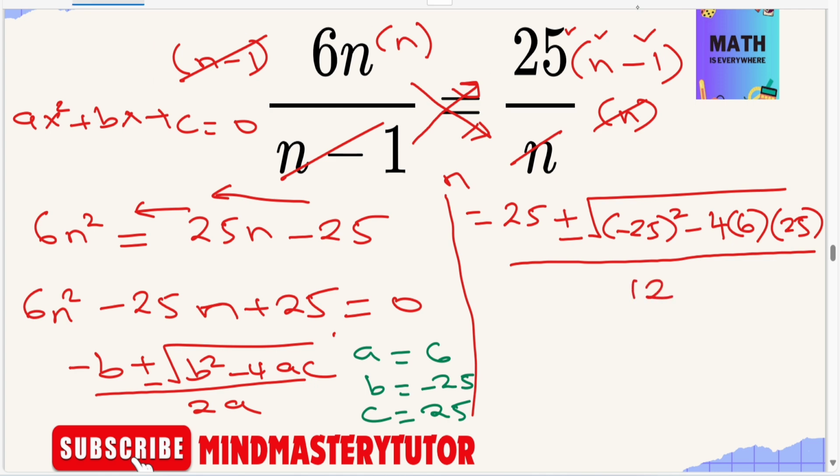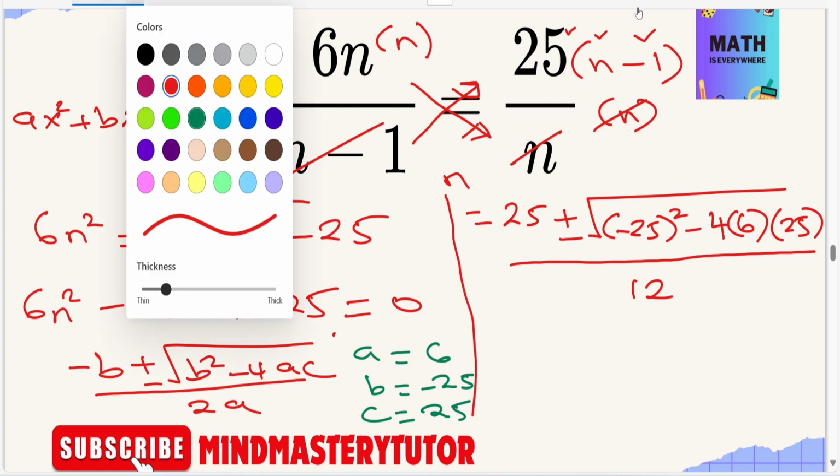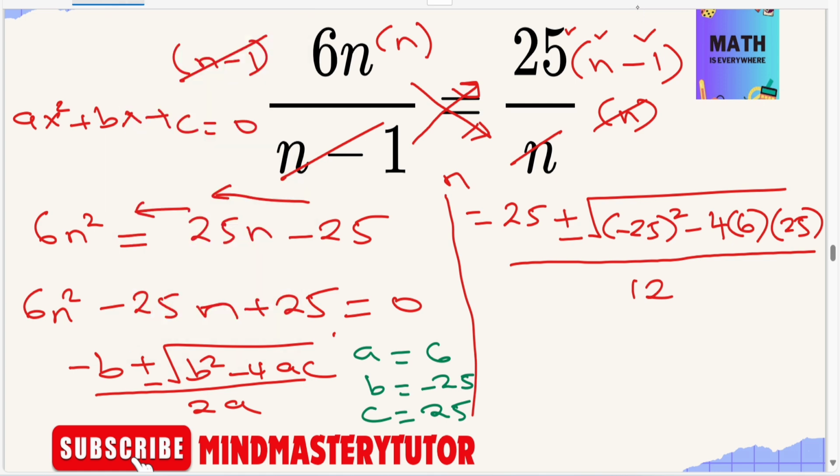Okay here. So you see here clearly, let's use another pink ink, just doing the ones that are inside the square root. So minus 25 squared is around 25 times 25, which is 625. Okay, so minus 4 times 6 is 24. So 24 times 25, if you take your calculator with you, make sure you're using your calculator.